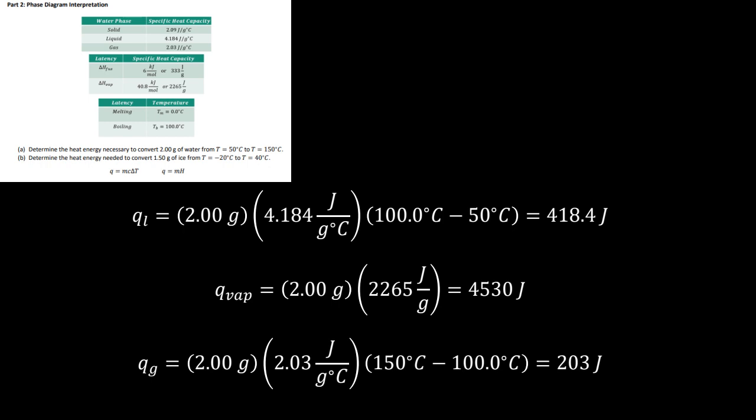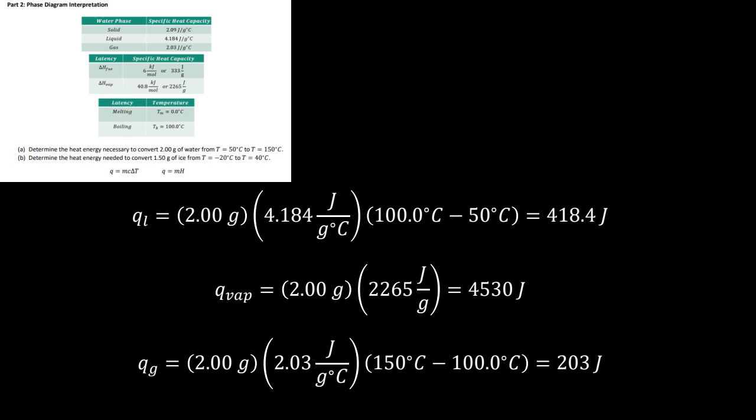So we'll multiply by the quantity of 100 minus 50. Taking all this into account, that gives us a total energy added of 418.4 joules to raise water from 50 degrees to 100 degrees. If we were going from 100 to 50, then that would end up being negative 418.4. But we're actually adding heat, that's why it's positive.